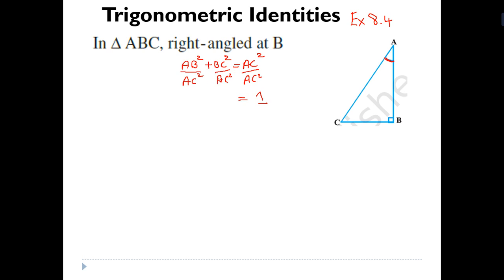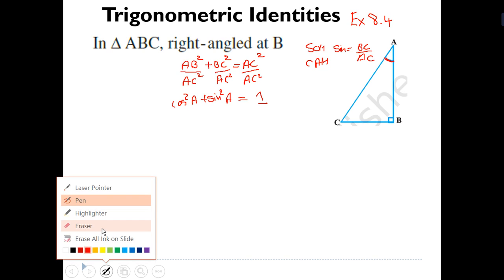Here BC upon AC: remember SOH, sine is equal to opposite upon hypotenuse, that is BC upon AC. So I can write sine square A here, and cos square A here. Why? Because cos theta is adjacent upon hypotenuse, that is AB upon AC. That way we can get three identities.